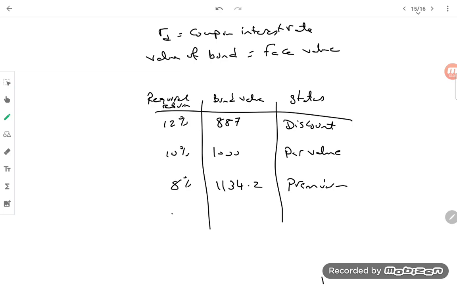So from this we can conclude that if the required rate of return is equivalent to the coupon interest rate, the bond value will be equivalent to par value. If the required rate of return is greater than the coupon interest rate, the bond value will be discounted. And if it is lower than the coupon interest rate, the bond value will have a premium.